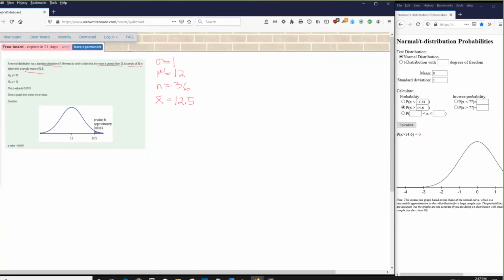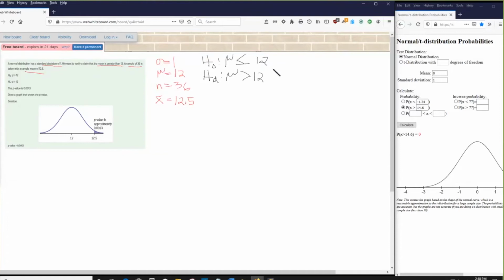Remember that when we think something might be unlikely, we make our alternative be what we want to verify. So we want to verify a claim that the mean is greater than 12. That means I'm going to set up my alternative hypothesis that the mean is greater than 12. So the opposite is what we're going to say is our null hypothesis: we're going to test that the mean is less than or equal to 12.